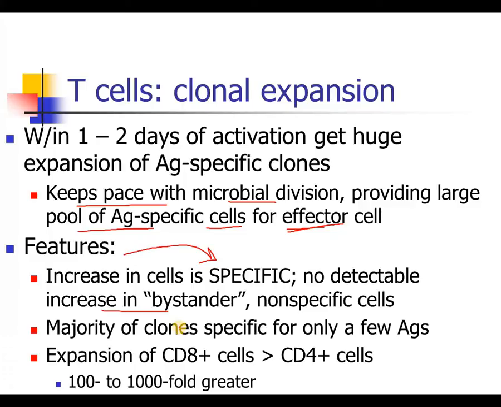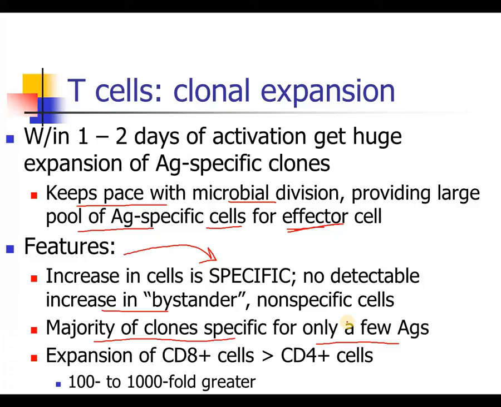Only those cells that have recognized antigen and gotten co-stimulation. The majority of the clones that are proliferating are specific only for a few of the antigens in the microbe, the antigens that are recognized by the T cell receptors, and the antigen in association with MHC. So you see a few different clones expanding, but certainly not all T cells will be responding.